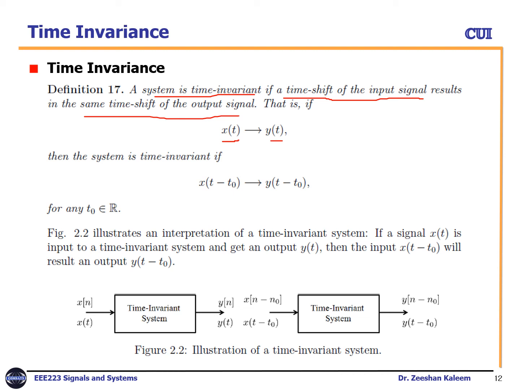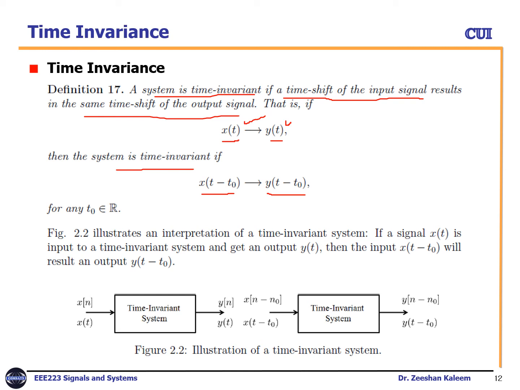The system is time invariant when you give the input x(t - t0) and in response you get the same output as before, but at the delayed time, y(t - t0). So when you get the same output at t - t0, it is called a time invariant system.